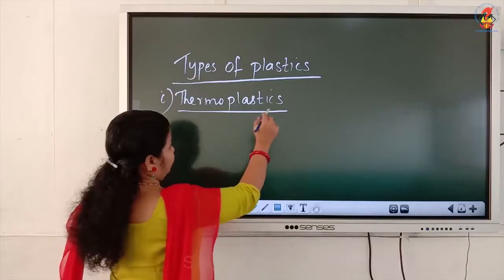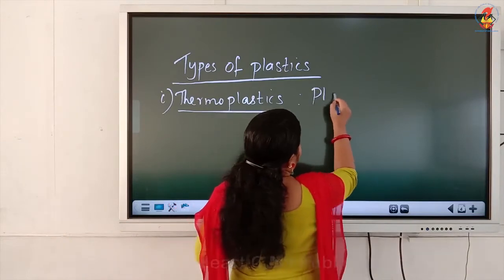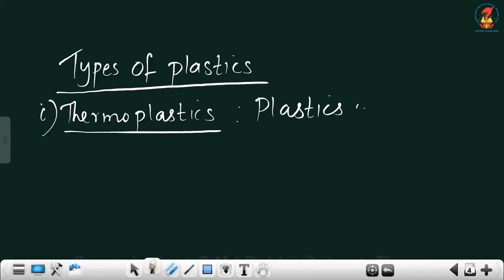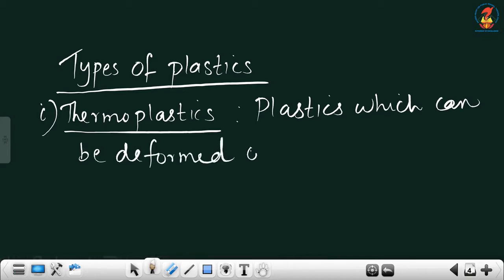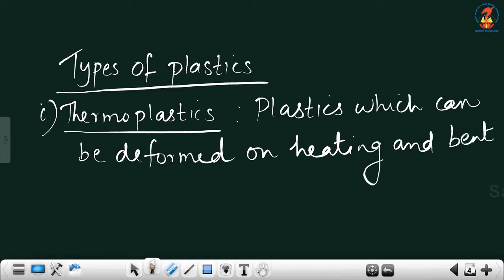The definition of thermoplastics is plastics which can be deformed on heating, change their shape, and bend easily.